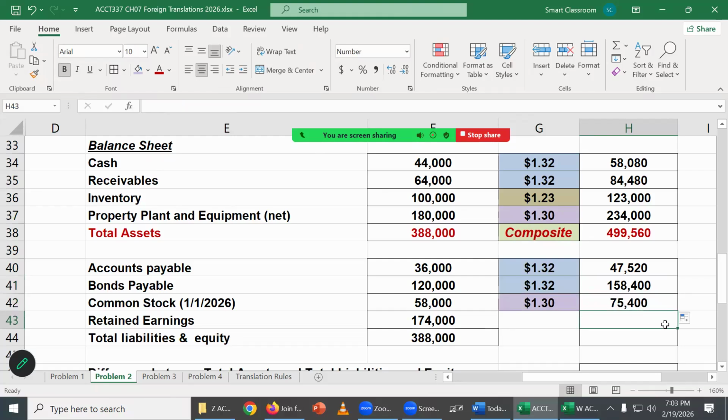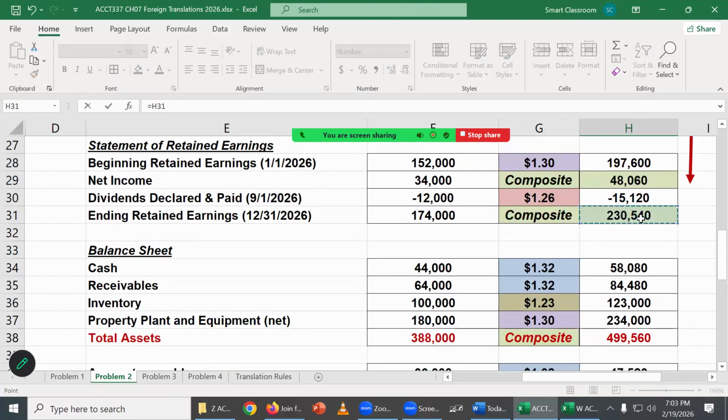Retained earnings. Whatever we got for retained earnings up here.